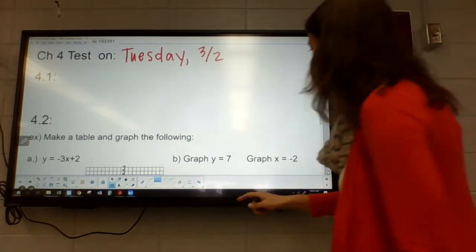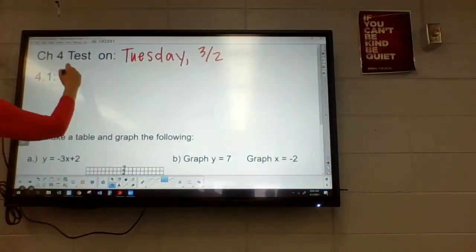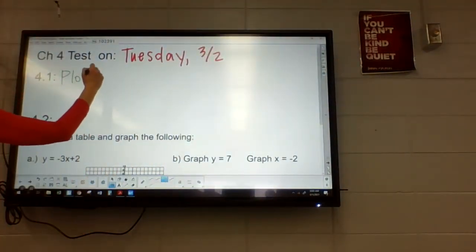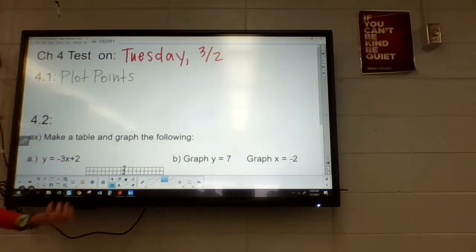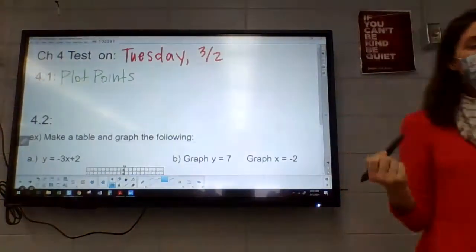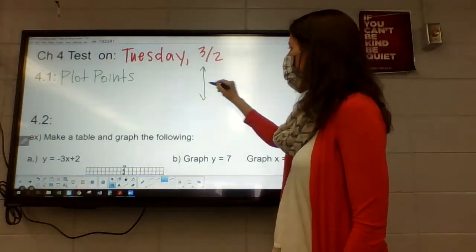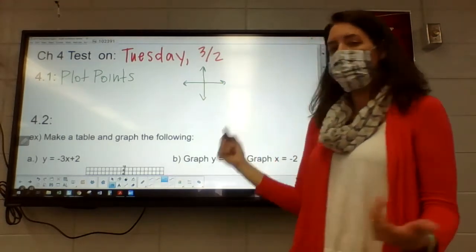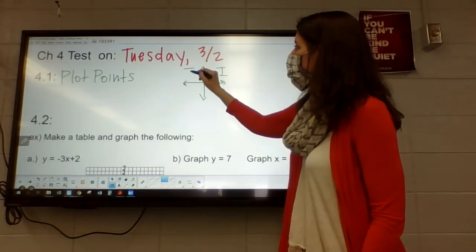Oh yeah, in 4.1 we plotted points, sorry, forgot about that. So on the test you'll be able to show me that you know how to plot points. Hopefully that's not an issue for you. I will ask you to name if it's in a particular quadrant or if it's an intercept.